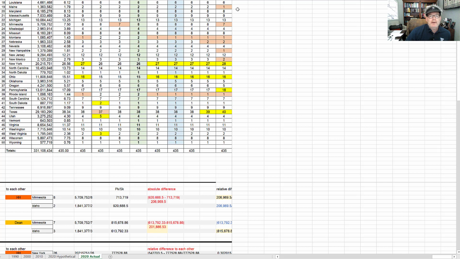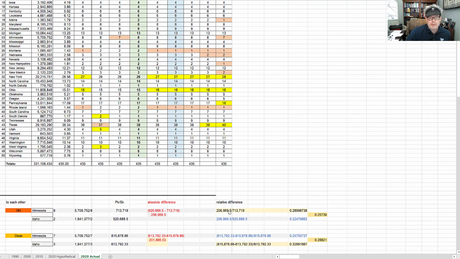But what we want to do is minimize this relative difference. So the relative difference is, well, you take the absolute difference and you actually divide by the smaller of the two numbers. In this case, the people per seat, the smaller number would be Minnesota's number. So that's the relative difference then. This absolute difference divided by that people per seat.